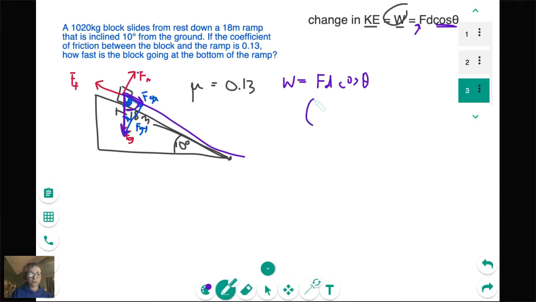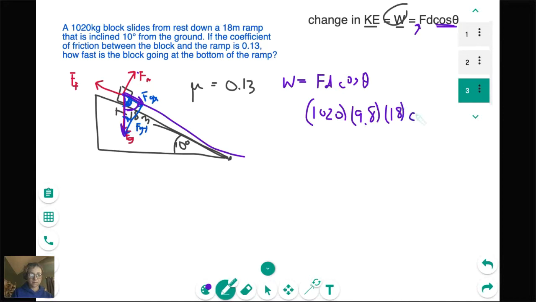So for the force, we will have mass times gravity. So we'll have 1020 times 9.8 times, whoops, not times the cosine yet, sorry, times the displacement, or the distance it slides down the ramp, which is our 18.